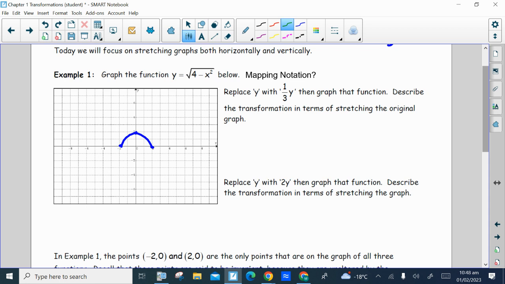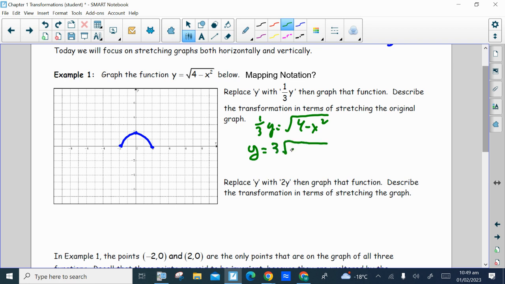Then it tells us to replace y with 1/3 y. So instead of y equals, it's 1/3 y equals the root of 4 minus x squared. And then to get y by itself, we would multiply both sides by 3.